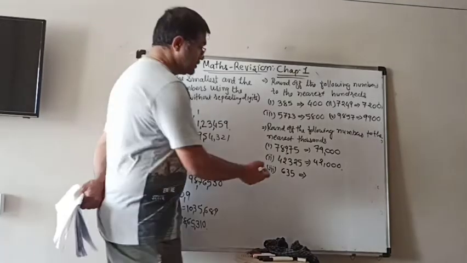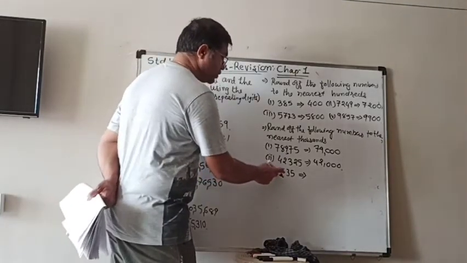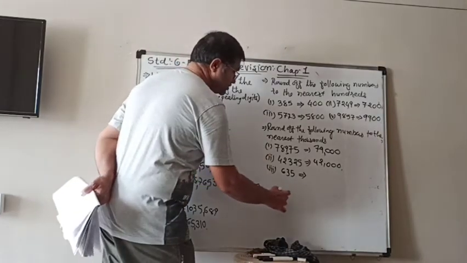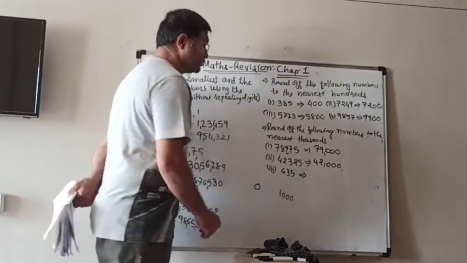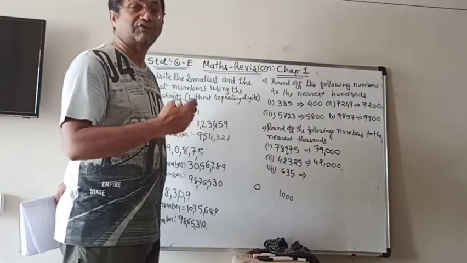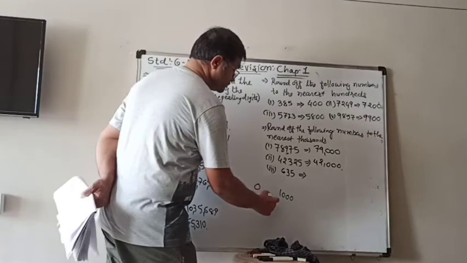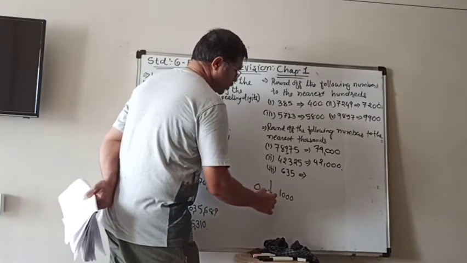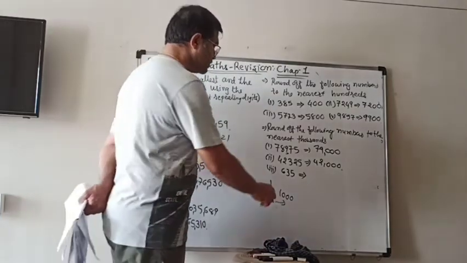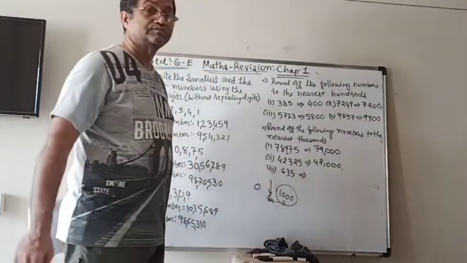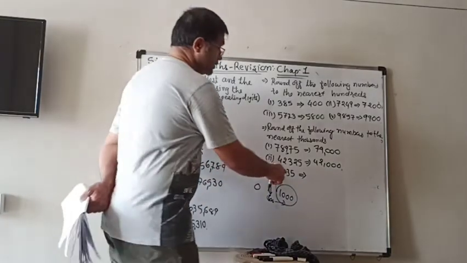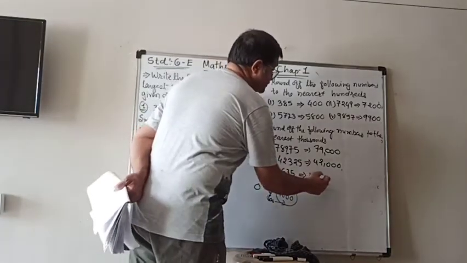If there is nothing, you can say it is 0. So it is more nearer, because look here, 0 to 1000. What is in the middle? 500. So all the numbers to the right of 500 will be closer to 1000. It means the nearest 1000 is 1000.